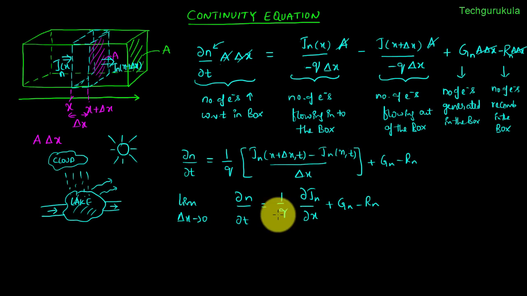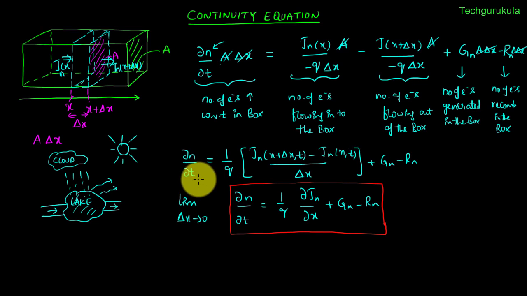So this is the continuity equation, which says that if the carriers in this box increase, they increase only because there is a difference in inflow and outflow, and a difference in generation compared to recombination. And of course, this del n by del t can be negative as well.